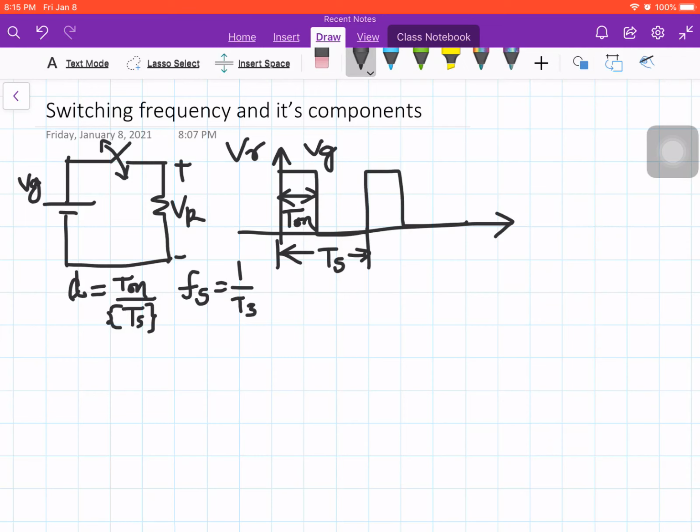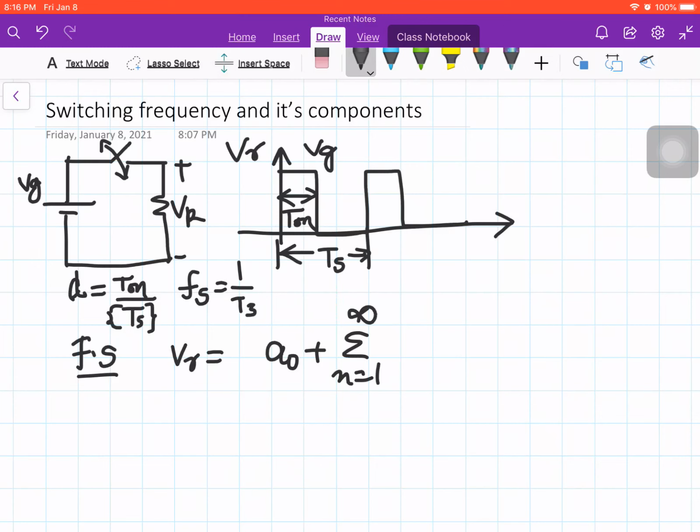So we can compute the Fourier series for this VR. The voltage across the resistance is equal to A naught plus the sum from n equal to 1 to infinity.